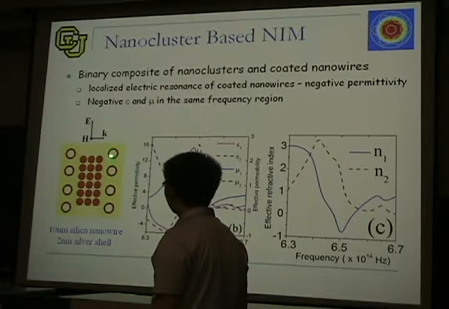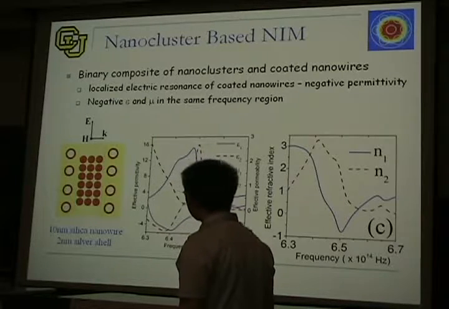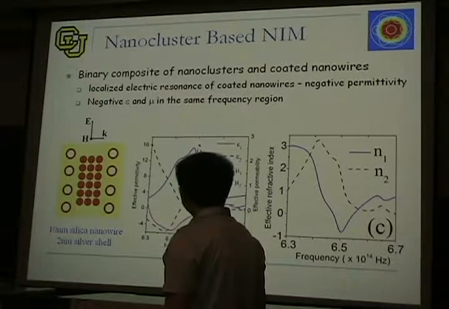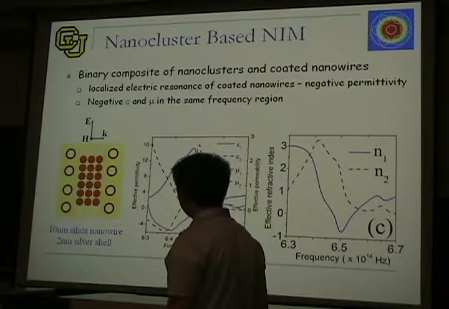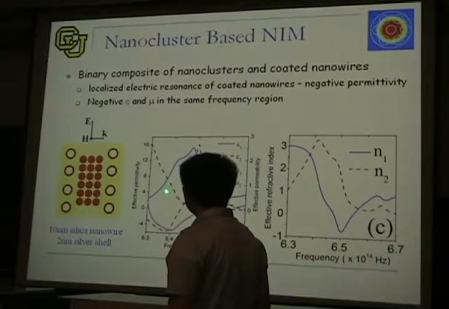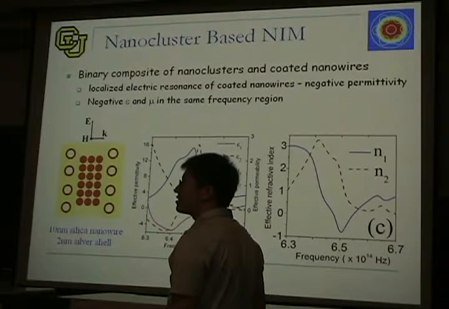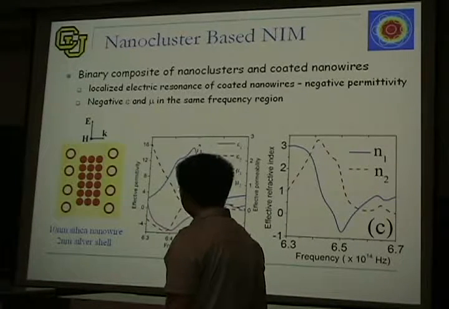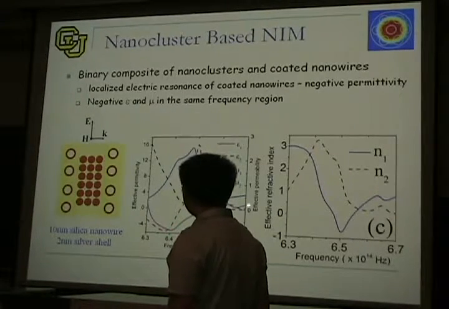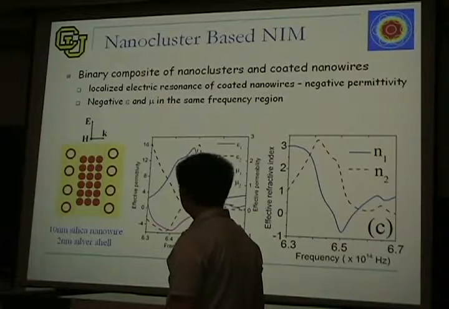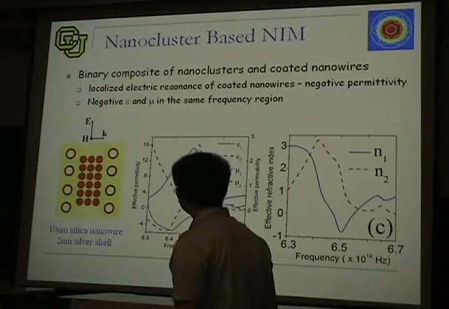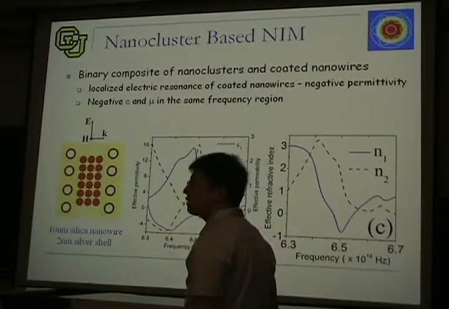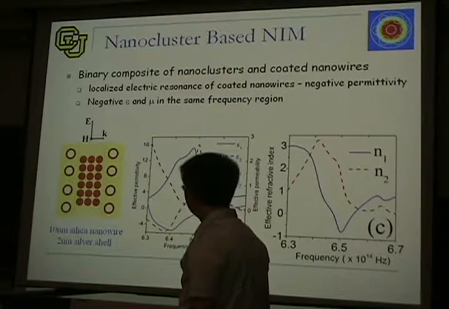The red color represents silver. Again, we use the same technique to calculate the effective parameters. As you can see, both the epsilon and the mu show a Lorentz type of resonance, and the negative epsilon, which is this curve, covers that of the negative mu, and again you get simultaneously negative epsilon and mu in this frequency range, and also you get negative index at these frequencies.